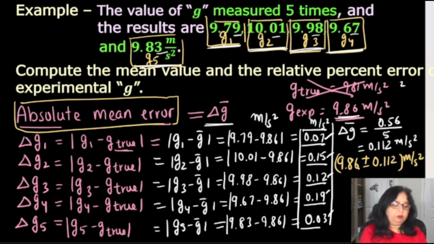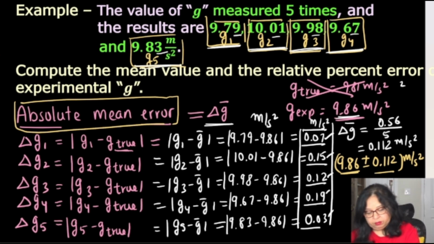Now here's a rule. The uncertainty must be rounded off to the same number of decimal places as the actual experimental value. So our real answer will be 9.86 plus minus 0.11.